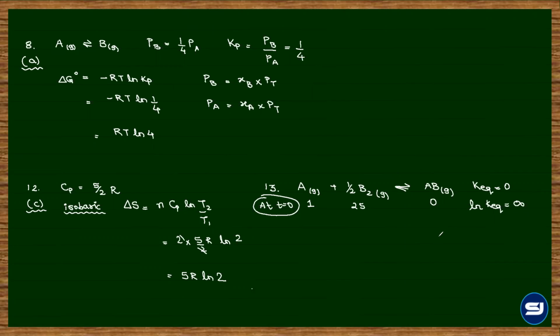So in this case, delta G is equal to delta G naught plus RT ln of Q. But when equilibrium is reached, delta G becomes 0.